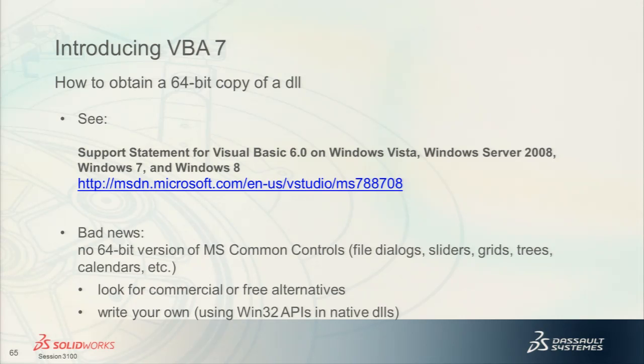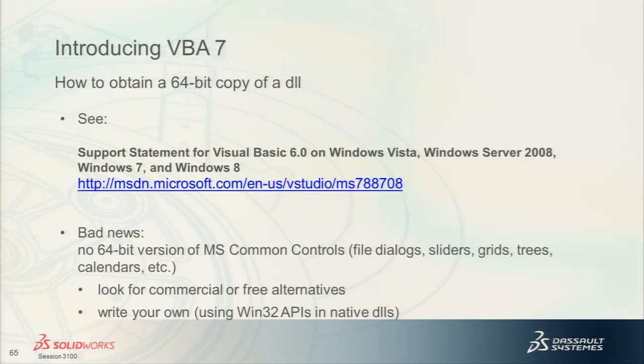If you look up this support statement, you will actually see that Visual Basic 6 and its runtime will continue to be supported on Windows 8, so that's good news. But if you read through it and let it sink in, you'll figure out that for the common controls, the sliders, the dialogues, etc., you were used to using, there is no 64-bit replacement.